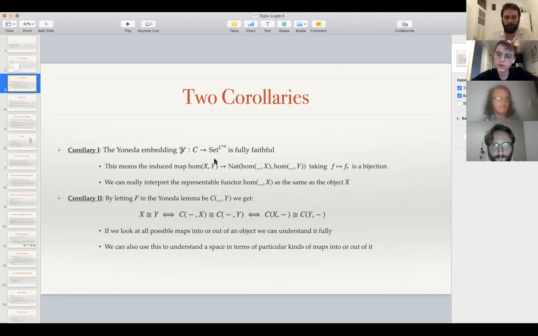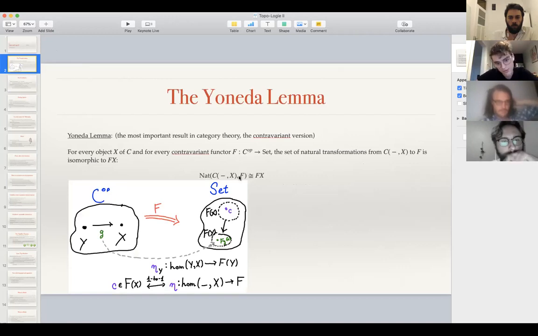From this corollary one, we can really say that the representable functor, or representable presheaf also, is the same as the object F. So really there's not a difference, but we can even go farther. Corollary two: if you take the representable functor for some object Y, the natural transformations from C(-, X) to C(-, Y) is going to be isomorphic.